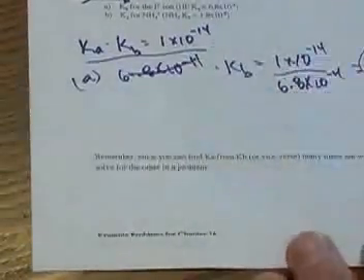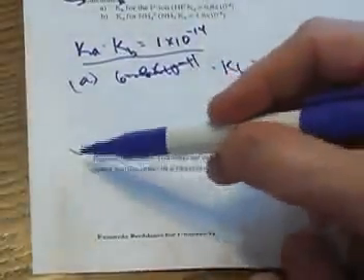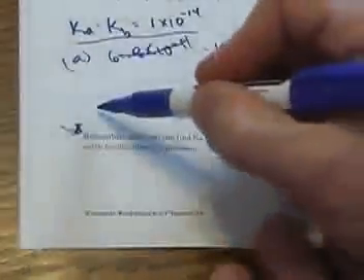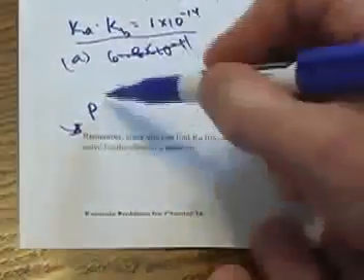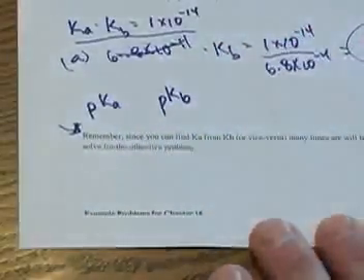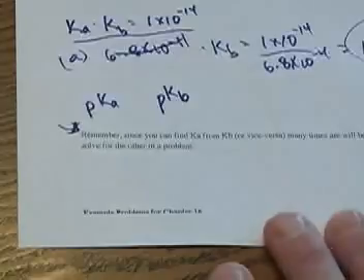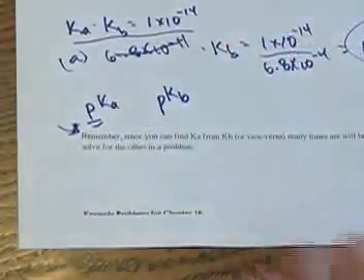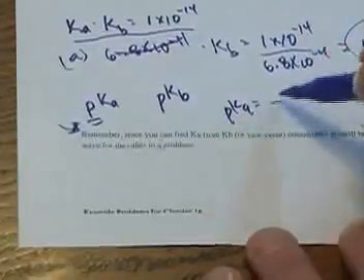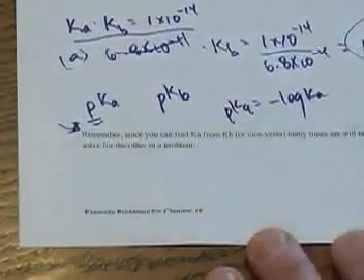You could do the same thing for letter B, but one other relationship that's missing from my handout here, but it's probably in yours, is that there's also a pKa and a pKb relationship that you'll find in your textbook and in some problems. Remember, when we put a p in front of it, it means take the negative logarithm of it. So to find the pKa, you simply take the negative log of whatever the Ka is.